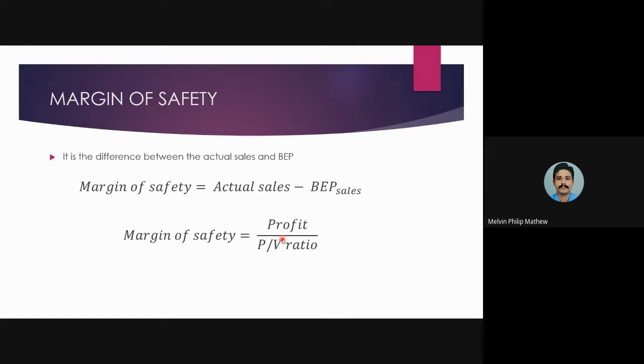And the relation of margin of safety with the P/V ratio is that margin of safety is equal to profit divided by P/V ratio. That is the relationship of margin of safety.